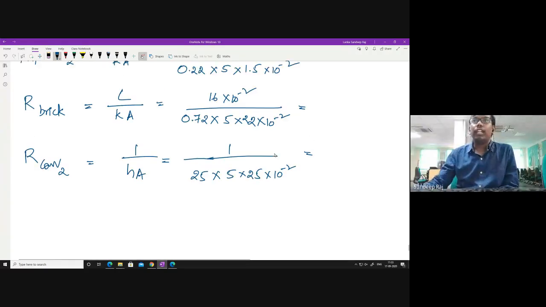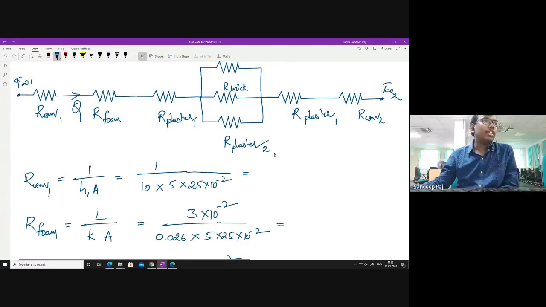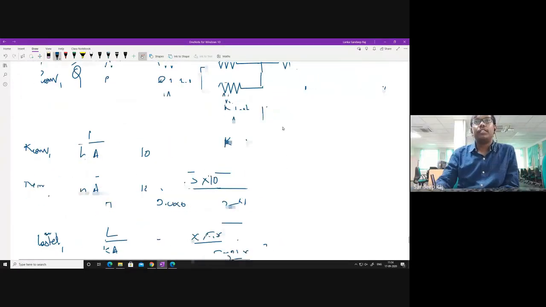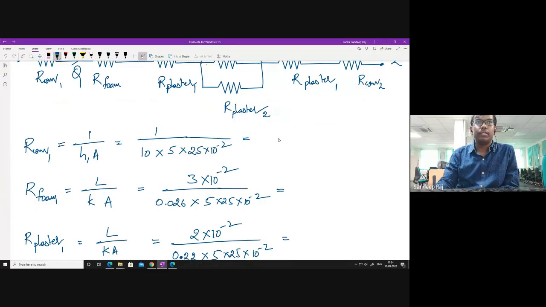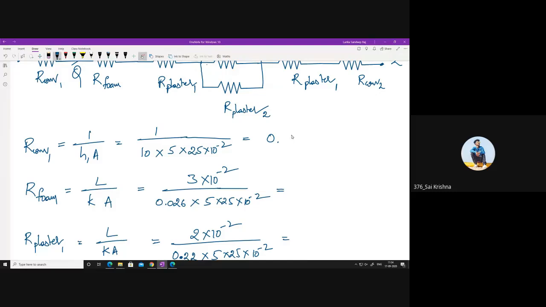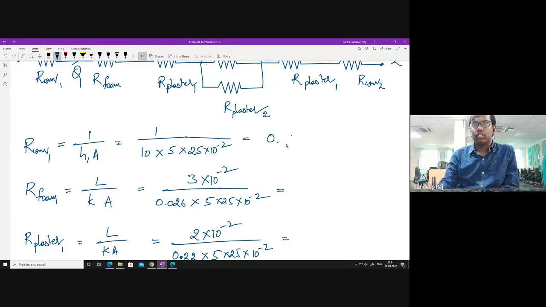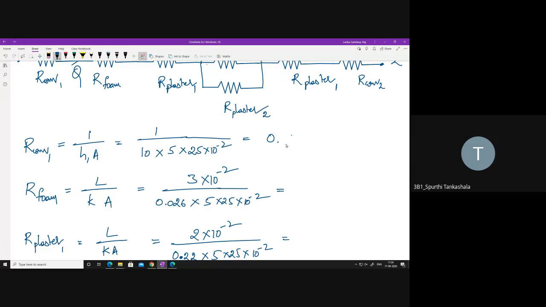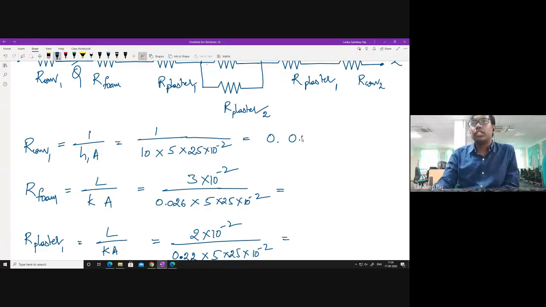Somebody tell me all these values of R convection 1, R foam and all. What is the R convection 1 value? Did anybody calculate? 0.08 Kelvin per watt.